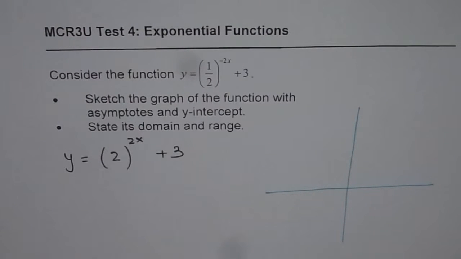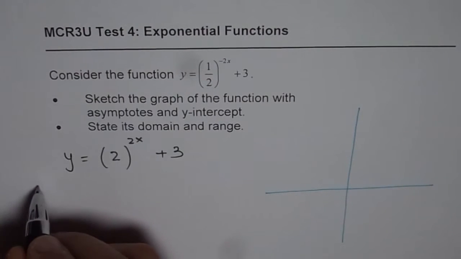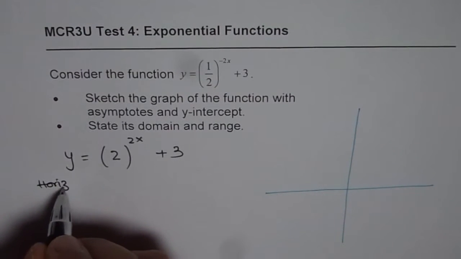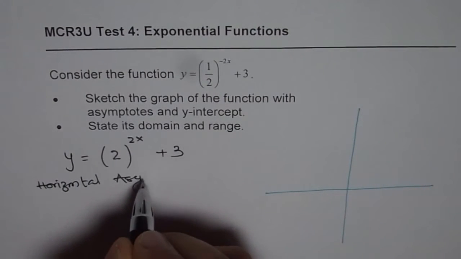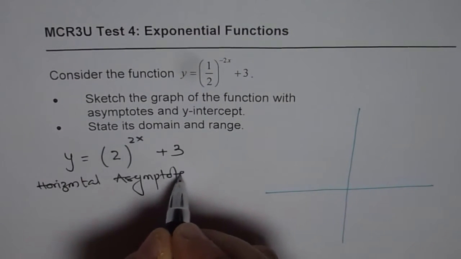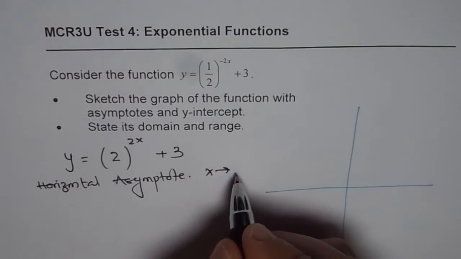Okay. Now here let's find the horizontal asymptote. As you know, every exponential function will have a horizontal asymptote, right? So the horizontal asymptote is when x approaches, in this case, minus infinity.